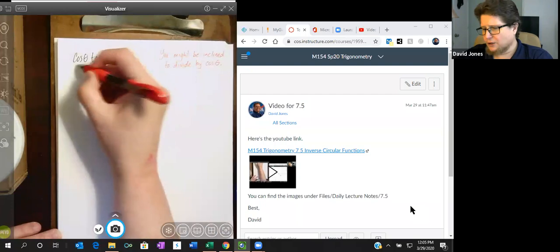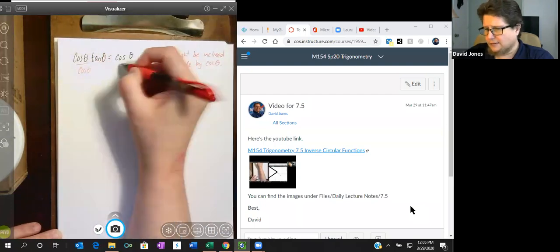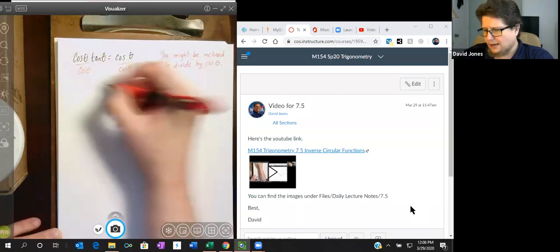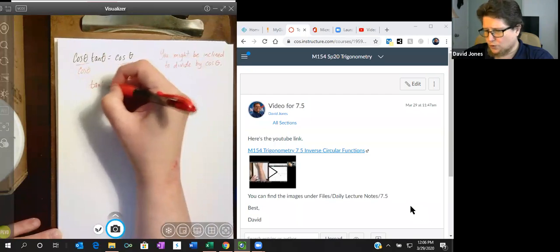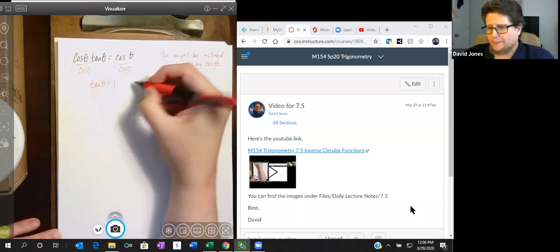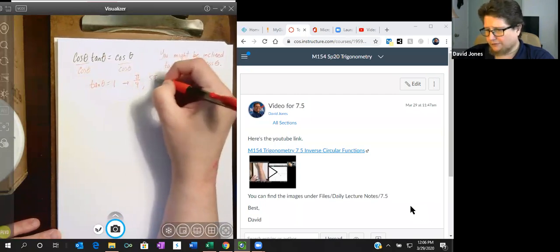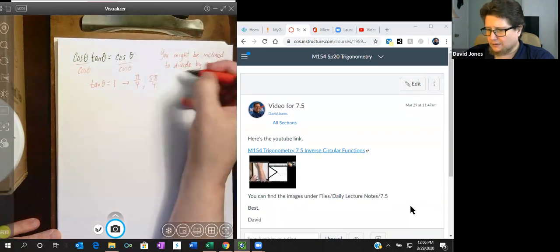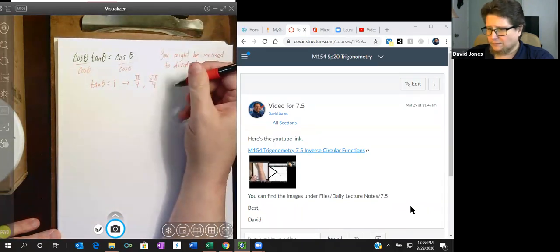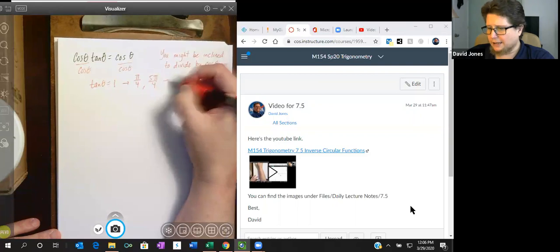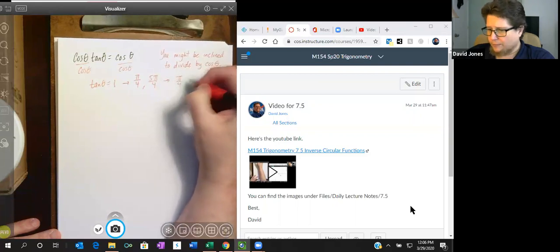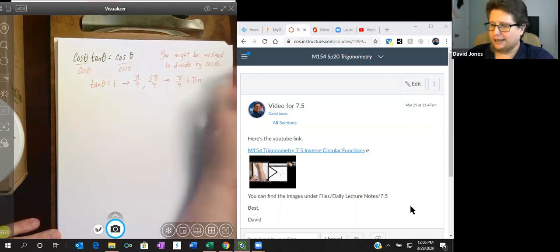If we divide by cosine theta, I get tangent theta equals 1. And we know that happens at pi over 4 and 5 pi over 4, which is basically pi over 4 plus pi n for any loop around.